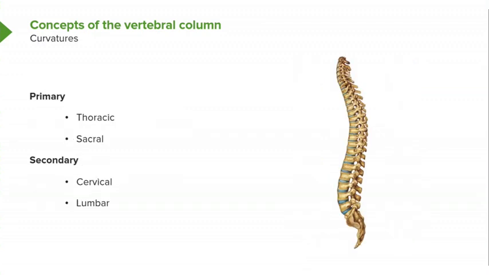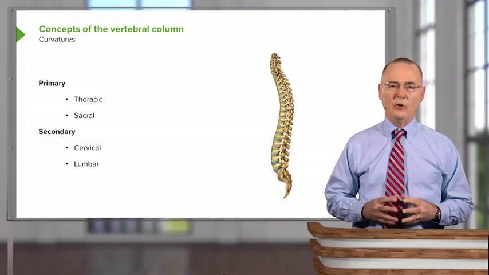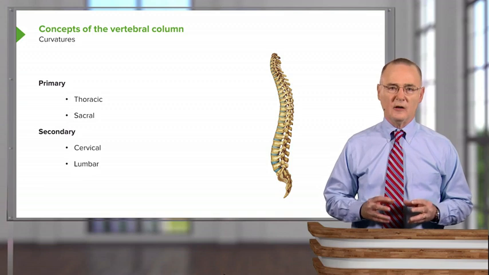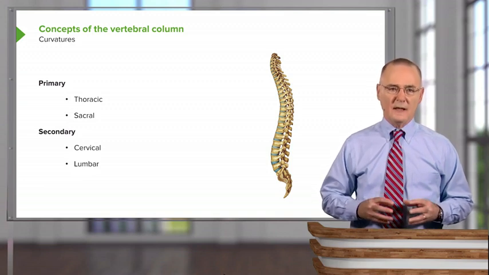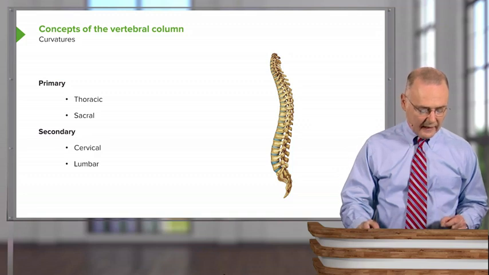The vertebral column also will present 2 curvatures, a primary curvature and a secondary curvature. If we look at primary curvatures, we are born with these. These will develop during the fetal period. And there are 2 primary curvatures that develop.